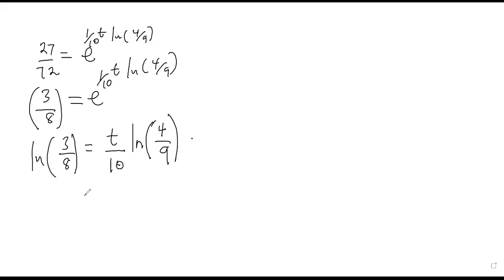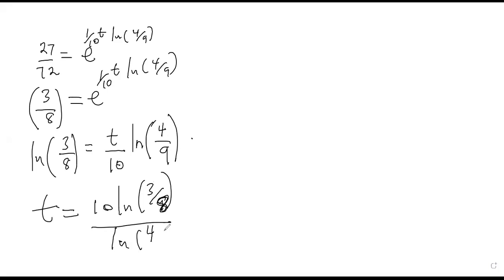So to get t, of course, we cross multiply. So t will be equal to 10 ln 3/8 divided by ln 4/9.